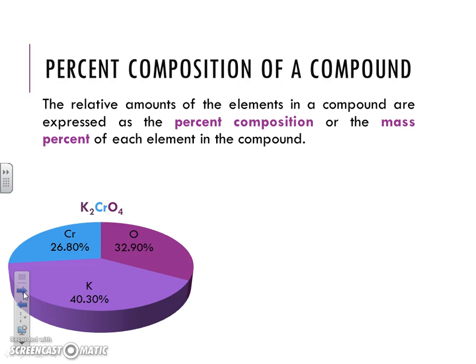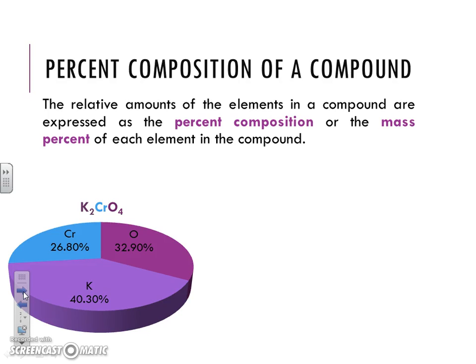So if you look at this pie chart, we have potassium at 40.3% of the compound, potassium chromate, and the chromate is making up 26.8% of the compound, and oxygen is making up 32.9% of the compound.